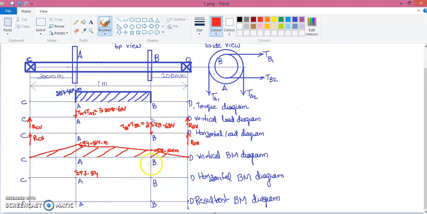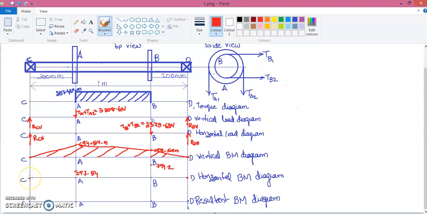And here it is 794.2, and at the point C, as we know, and D, it is equal to 0.